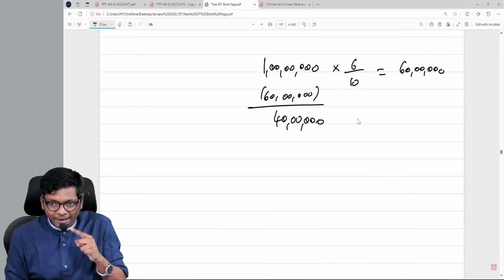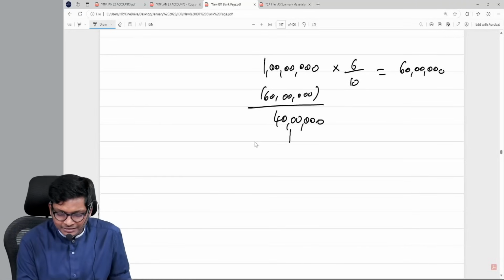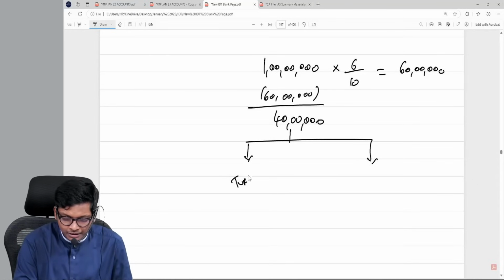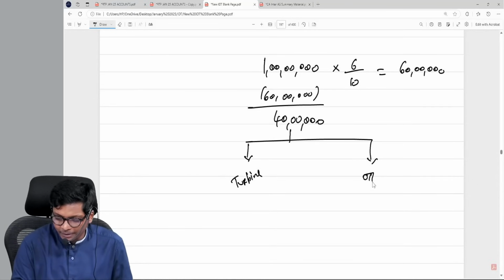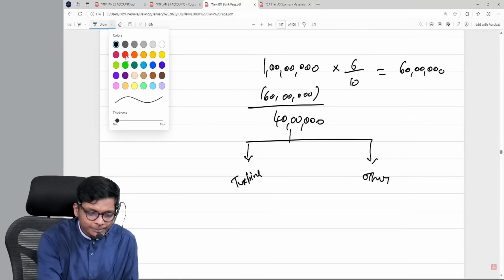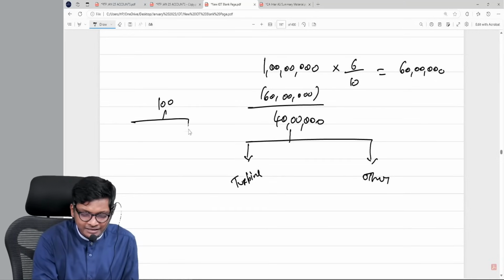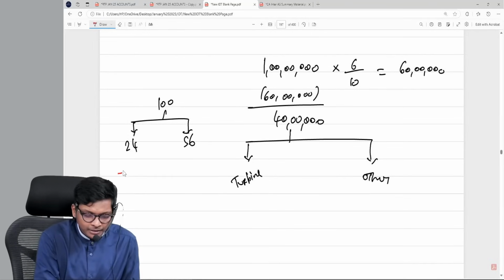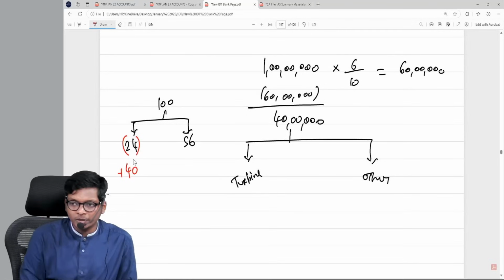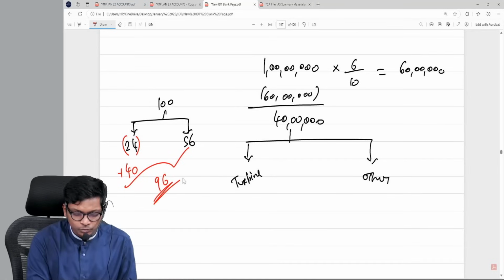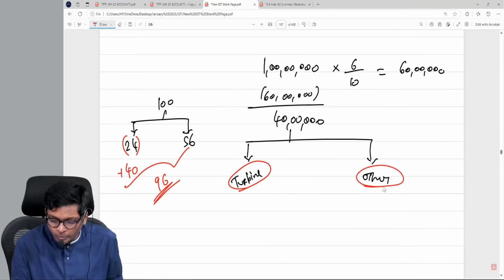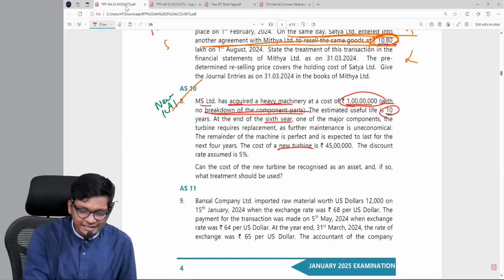Now only I am buying a new turbine and replacing this. Now the problem is there is one turbine here and the remaining part is others. Like how the previous case came, 100 was there, sir. Here there is 24, here there was 56 in the example I created. So here I am replacing now, plus 40 minus 24. Add these both, 96, over. Simple, guys. But here I don't know how much is the turbine. I don't know how much is others. But in the question they gave a clue.